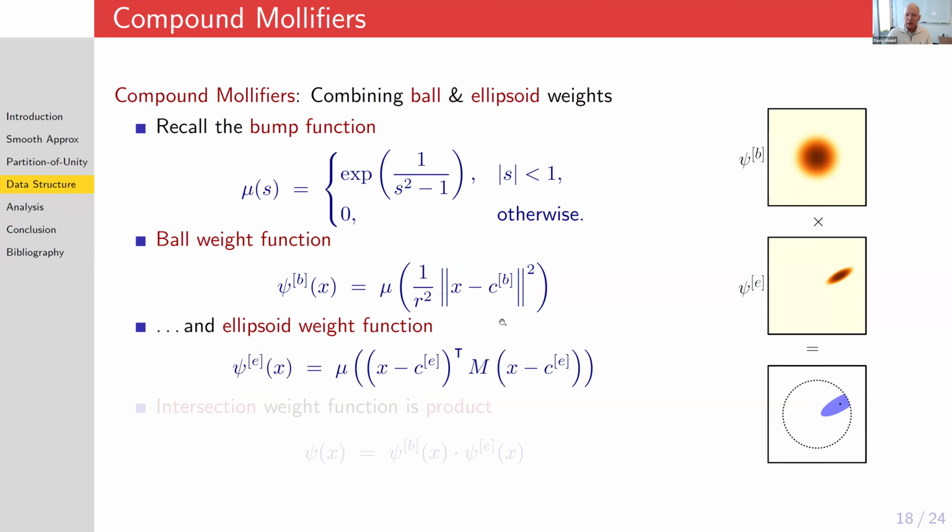What happens is you will have a smoothing function for a spherical patch, and a smoothing function for an ellipsoidal patch, and to smooth over the intersection of these, you just take the product of those two things. Because if you remember, both of those go to 0 when you get outside of that area. So by multiplying them together, when either of them goes to 0, the whole thing goes to 0. So again, there are technical issues involved there.